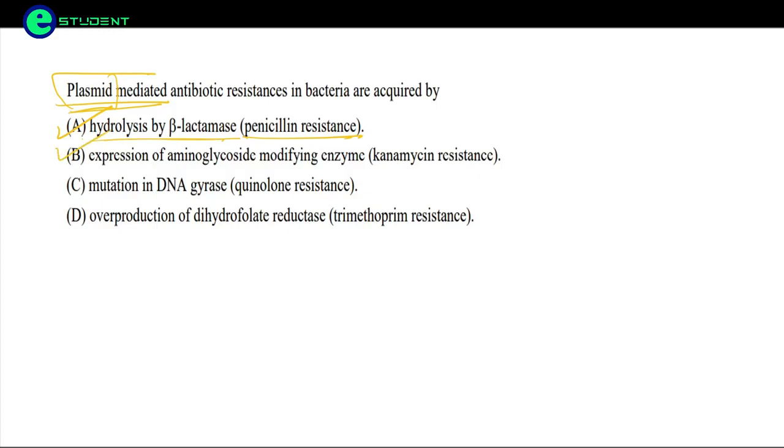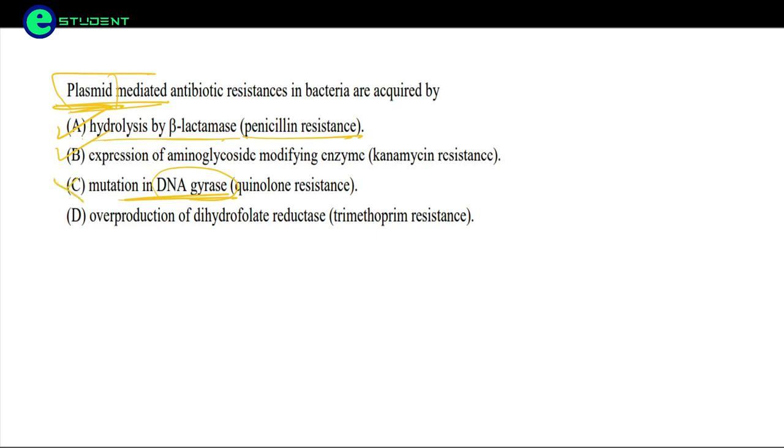The third option is mutation in DNA gyrase. We know DNA gyrase is present in the genomic DNA, not in the plasmid. A plasmid is an extra chromosomal genetic material, but DNA gyrase acts upon the chromosomal DNA.